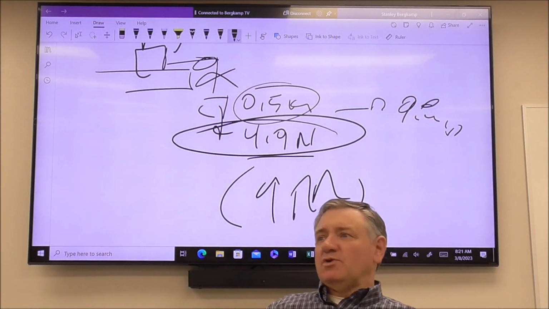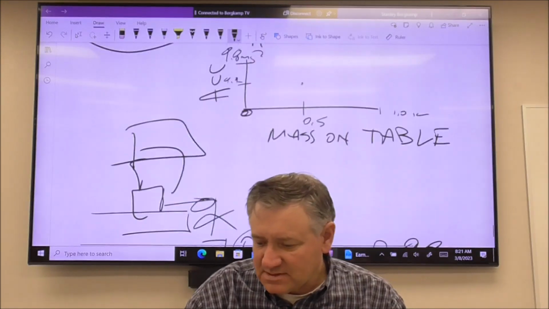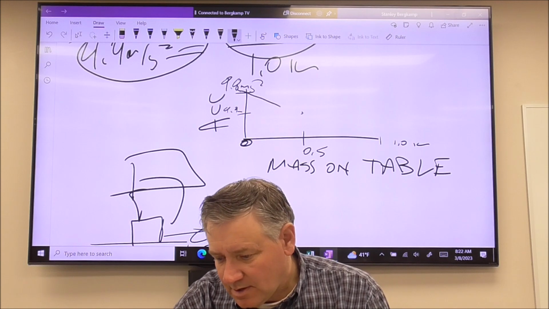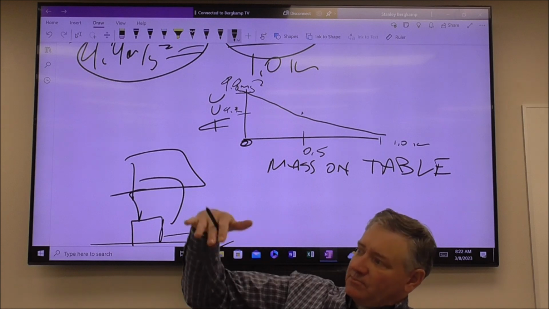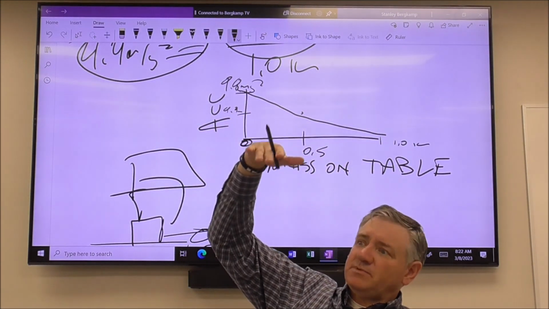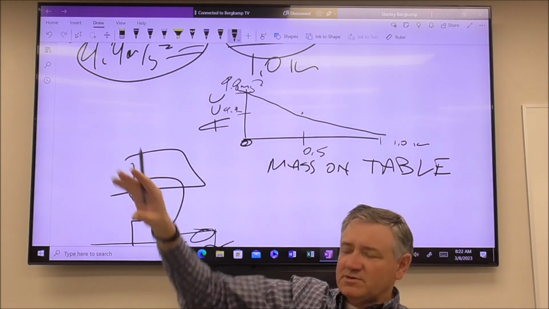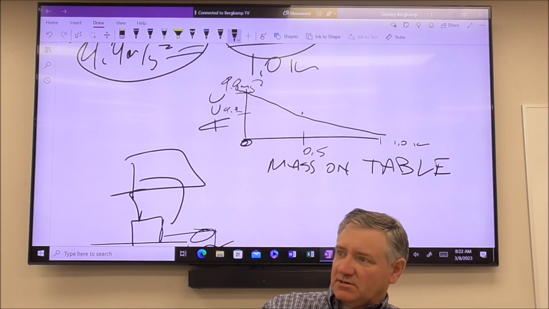There's more stuff to move. There's more resistance to that acceleration. So on this graph, as I increase the mass on the table, this graph is going to go down like this. As I put more and more mass up on the table, the acceleration is going to become less and less because it's the same applied force acting on more mass. I get a smaller acceleration.